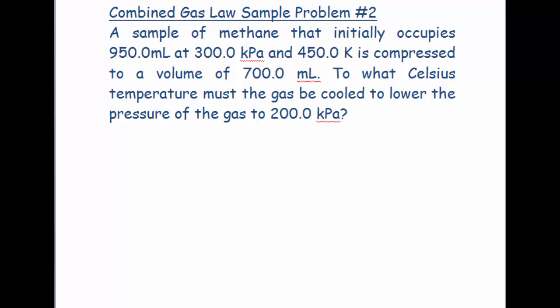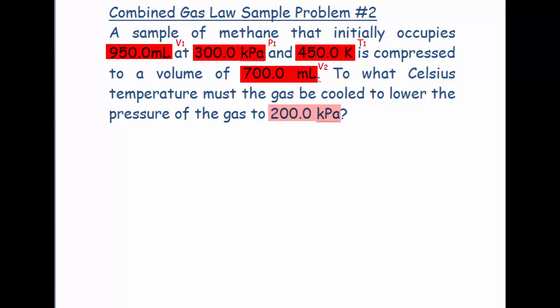To what Celsius temperature must the gas be cooled to lower the pressure of the gas to 200.0 kilopascals? 950.0 milliliters is V1, 300.0 kilopascals is P1, and 450.0 Kelvin, that's T1. V2 is 700.0 milliliters, 200.0 kilopascals is P2, and we're looking for T2. Ultimately, we want to express it in Celsius degrees.